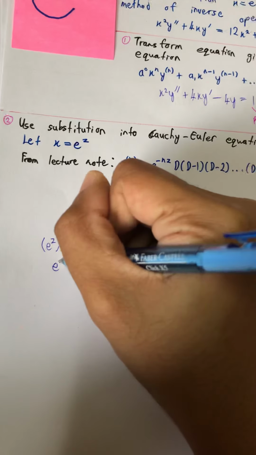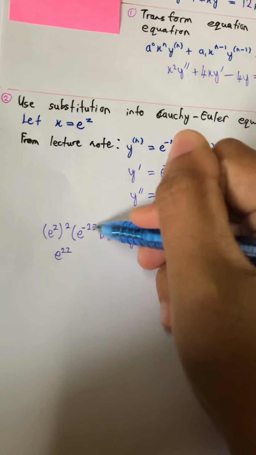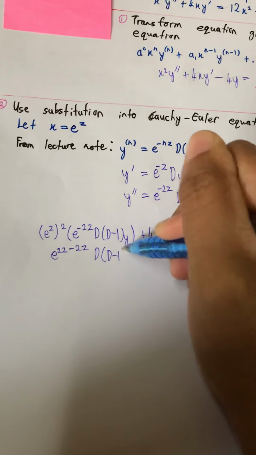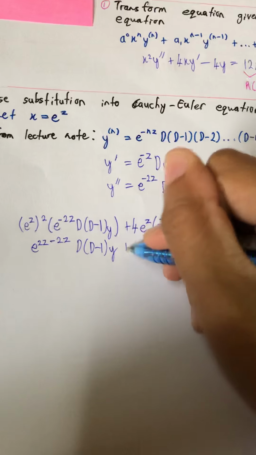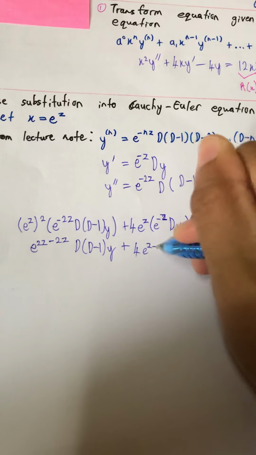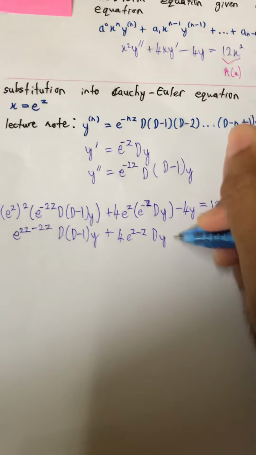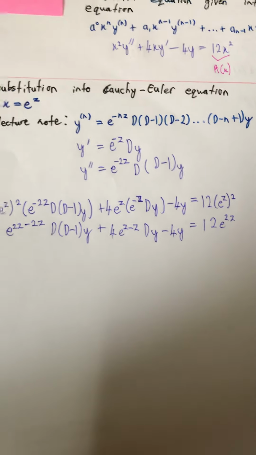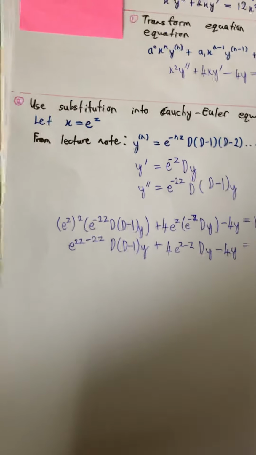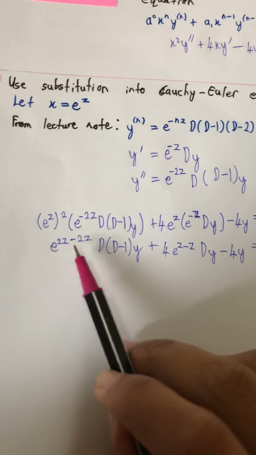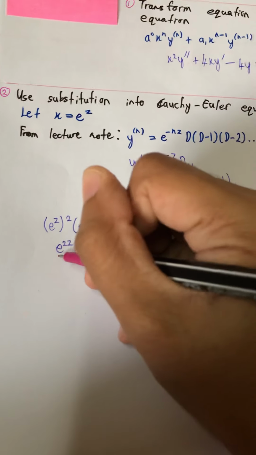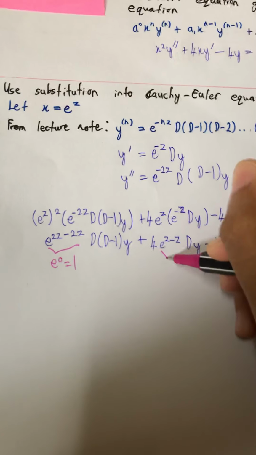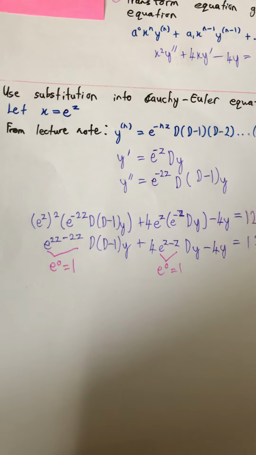So e to the 2z times e to the minus 2z, D minus 1, y, plus 4 e to the z times e to the minus z, Dy, minus 4y equal to 12 e to the 2z. Note that e to the power of 2z minus 2z becomes exponent of 0, which is equal to 1, and here also becomes exponent of 0 equal to 1.